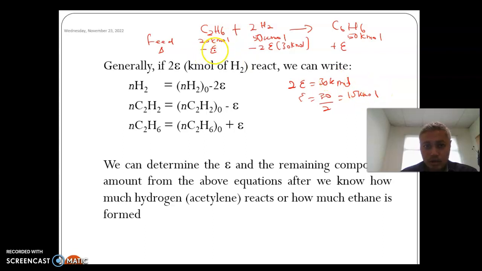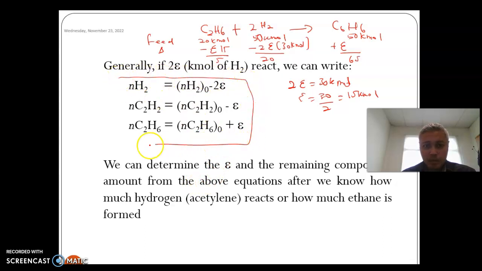Here it's easy. We just take 20 minus epsilon for C2H2, so 20 minus 15, and we will get 5. For hydrogen, 2 times 15 is 30, and 50 minus 30 is 20. Then last but not least, we have 50 plus 15, which is 65.